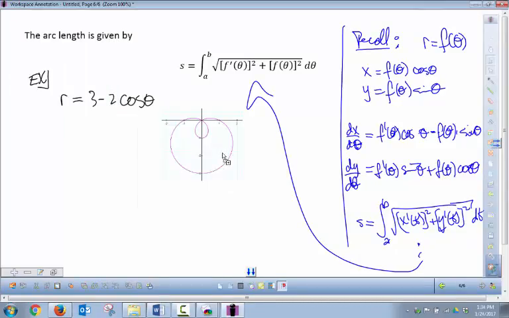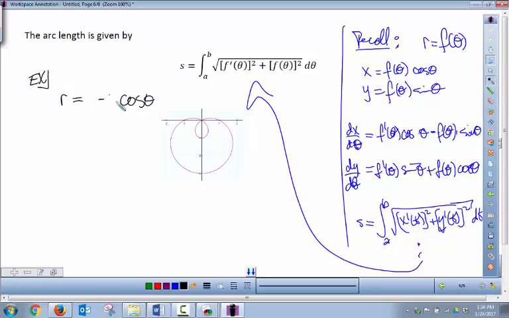And what I'm going to ask for is going to be a little bit tricky. What I'm going to ask for is to find the arc length of this little piece that went into the heart.